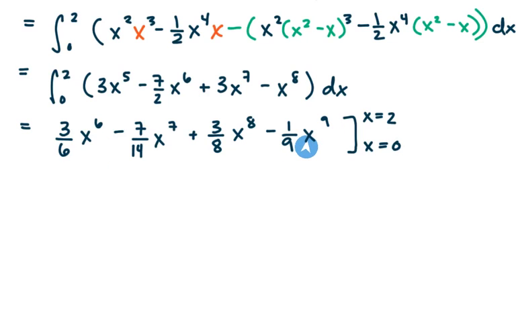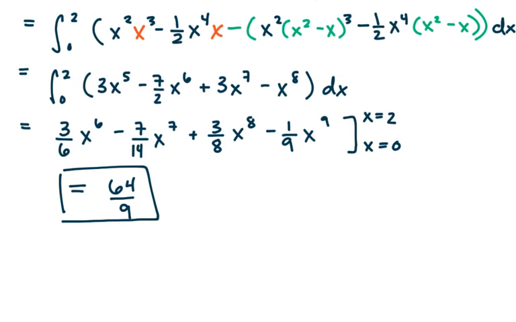Plugging in 2 will give me 64/9 minus plugging in 0 gives me 0. So the answer for my flux is 64/9. And of course, if this was an application problem, we may be able to apply units to it, but that's something you would talk about in your physics classes.